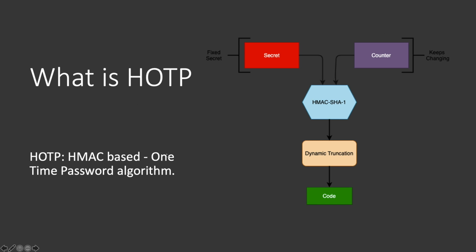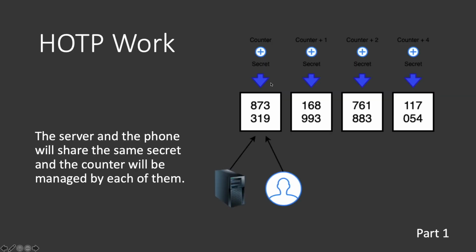Once we enable multi-factor authentication in our application and we scan the QR code, the secret is shared between the server and the mobile app, which is reading that QR code. That way, the secret is known to the mobile app, which is generating the code, as well as to the web server, which is sharing it with them. So that's why the secret is shared between the two.